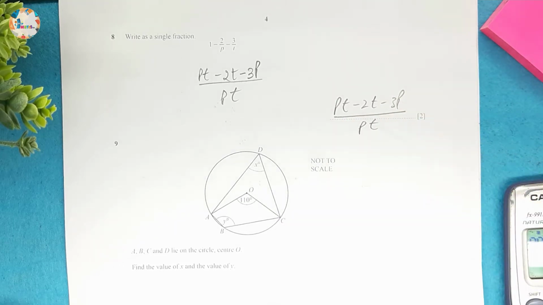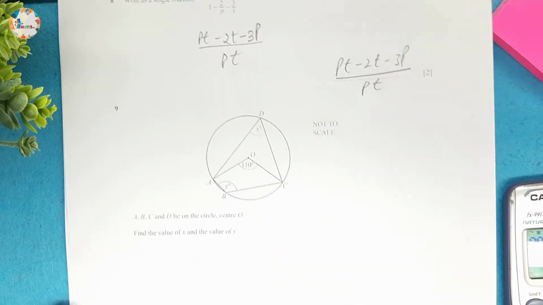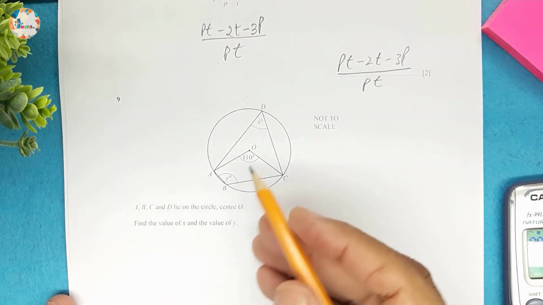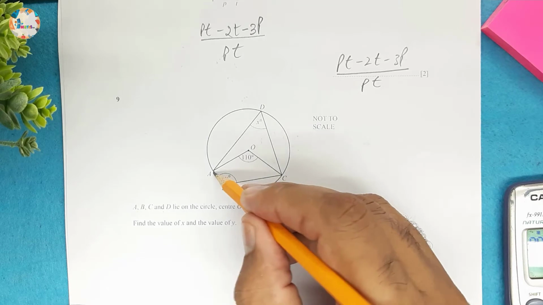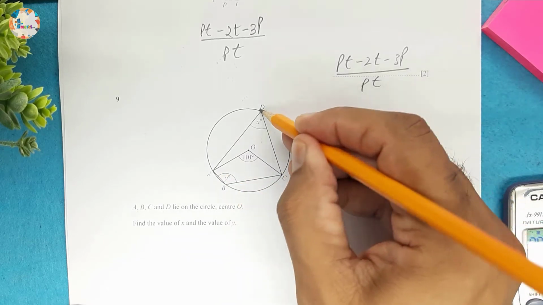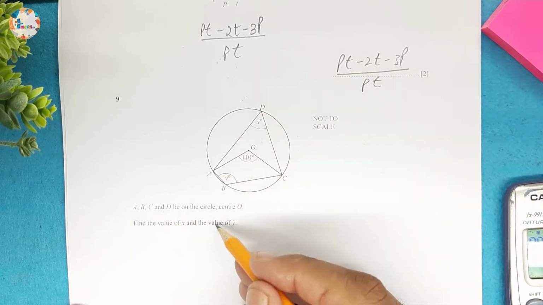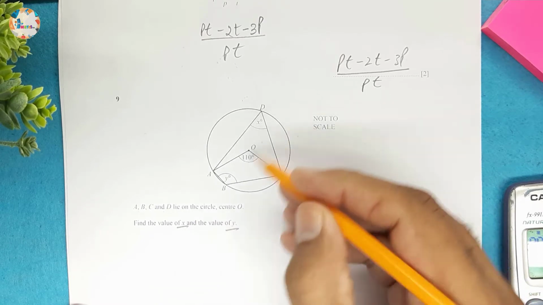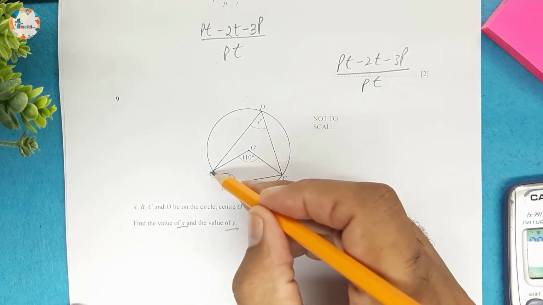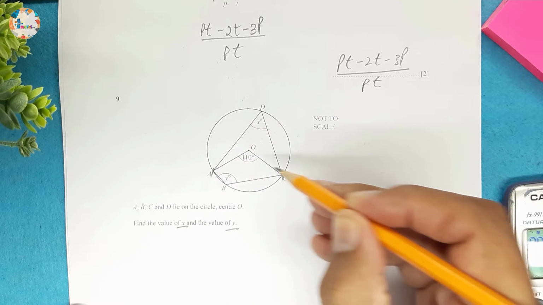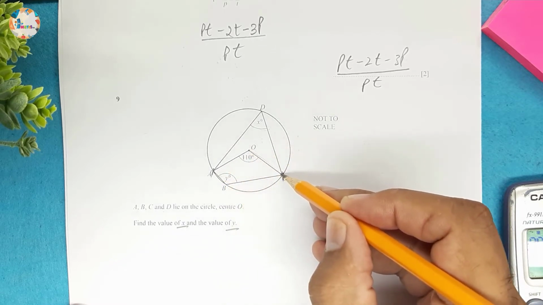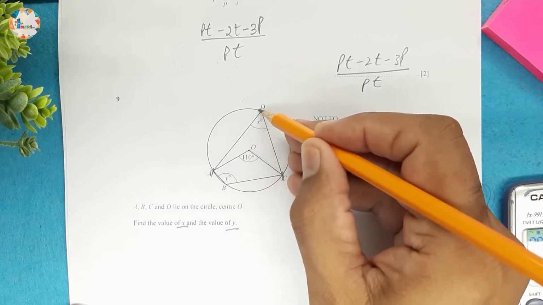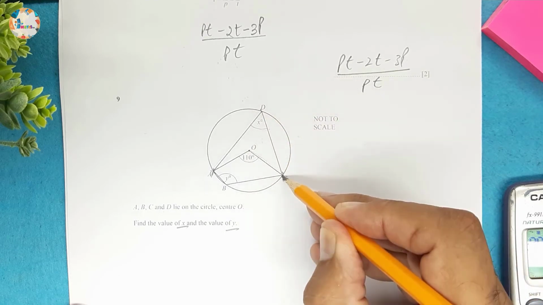Now question number 9, circle question is given. A, B, C, D lie on the circle, center O. Find the value of x and y. X is this one, so from this arc AC, this is angle at the center, and from the same arc, this is angle on the circumference.